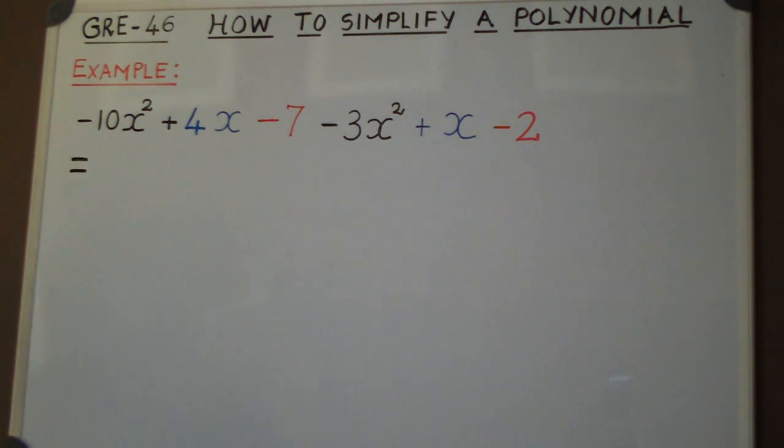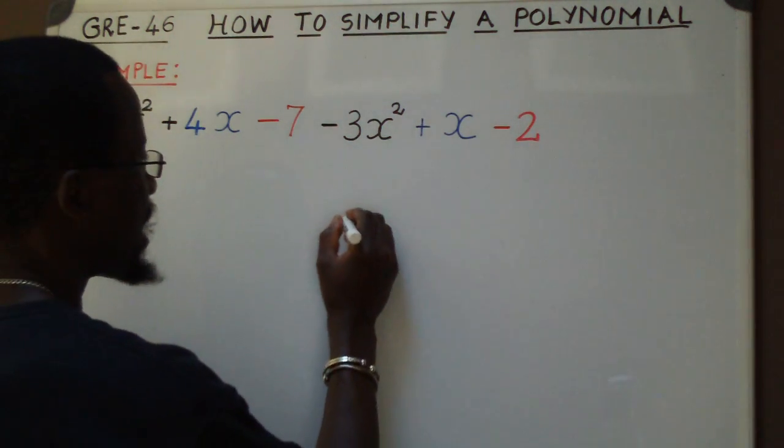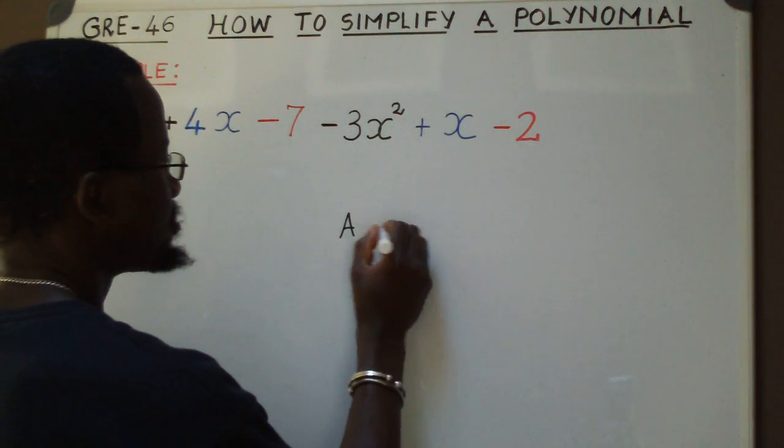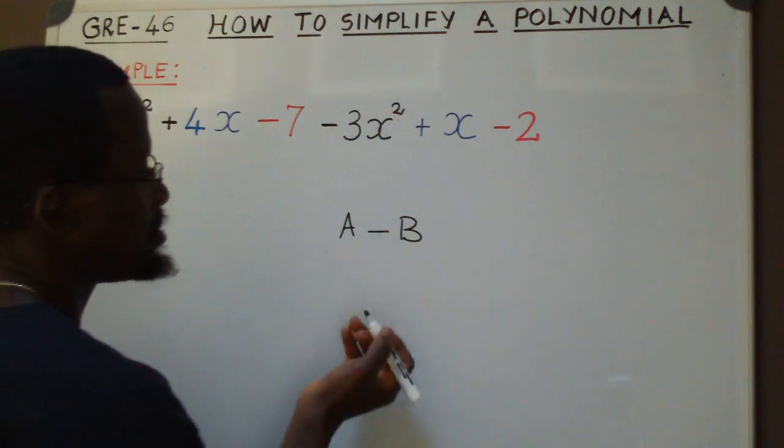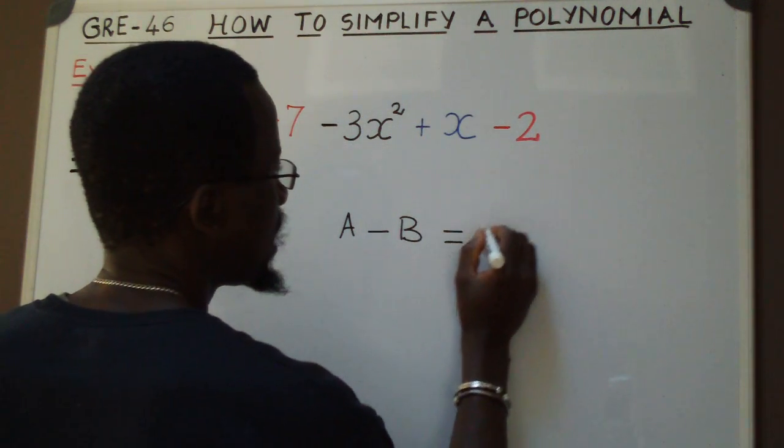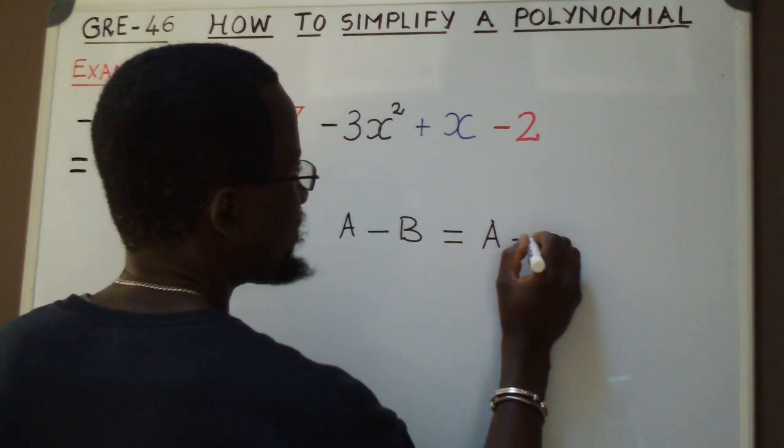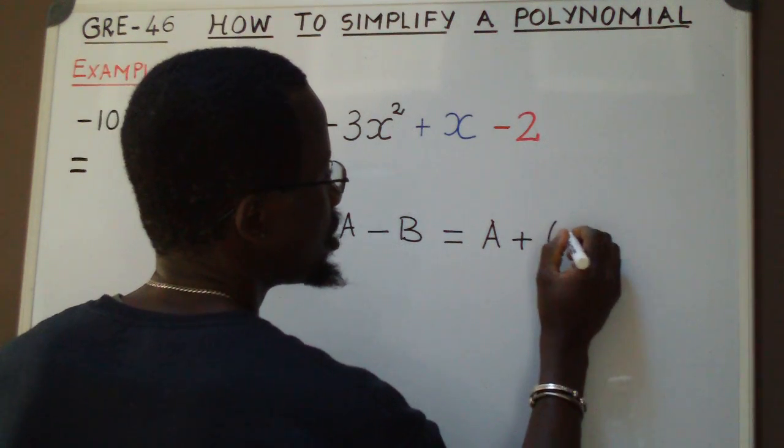So my first step here would be to transform all the subtractions into additions. Now, if you can remember, in one of our previous lectures, we said to subtract one number from another. For example, if I write a minus b, well, a minus b is simply equal to a to which you have added the opposite of b.